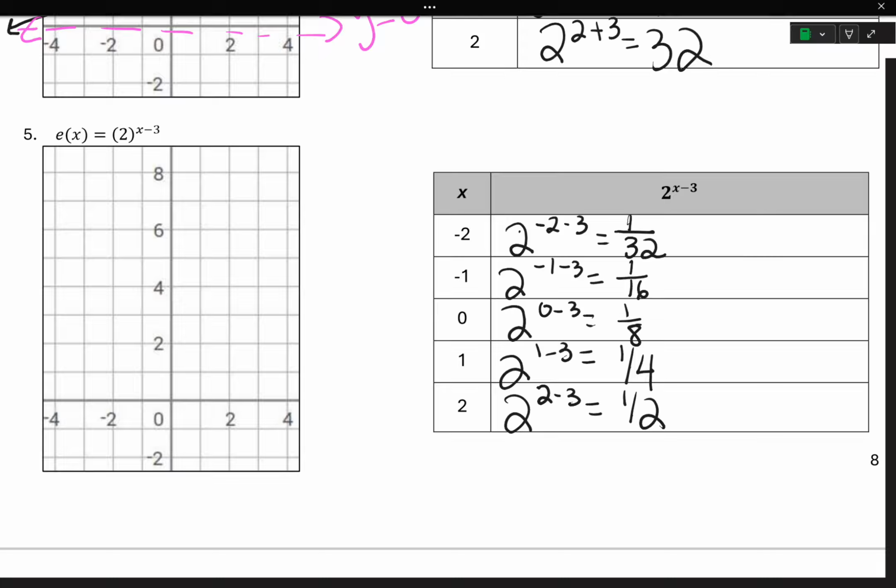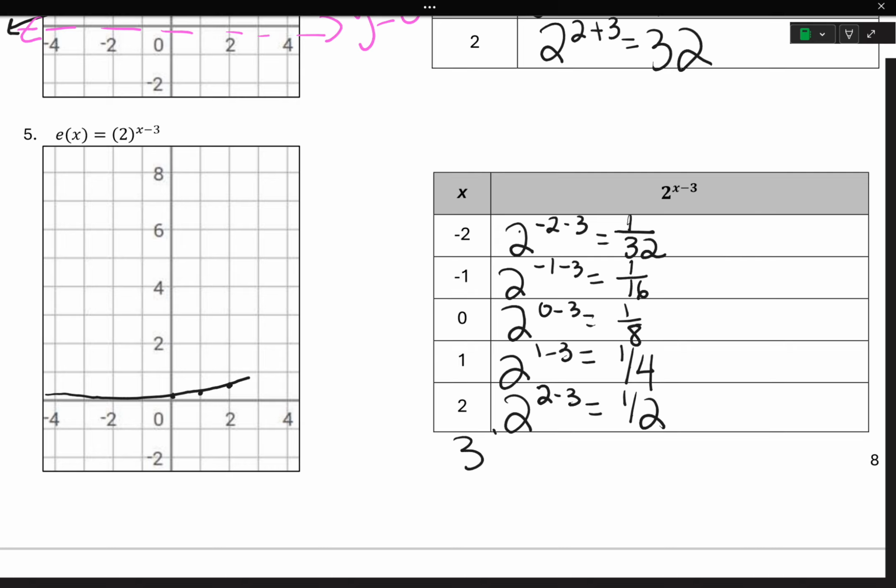This is going to be tough to graph. Well, let's give it a shot. 0, 1/8; 1, 1/4; 2, 1/2. Oh my gosh, they are so tiny.